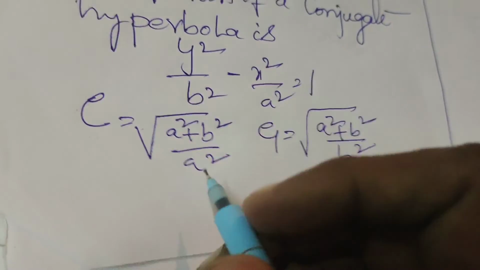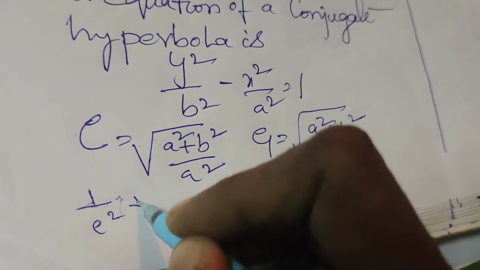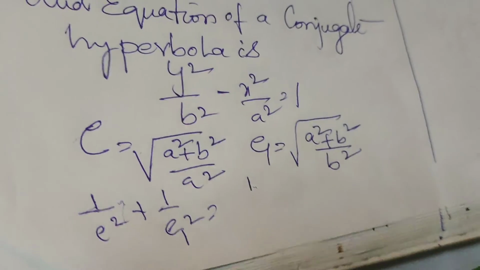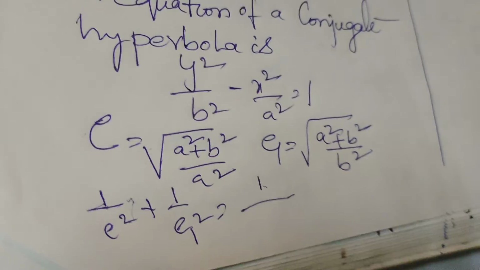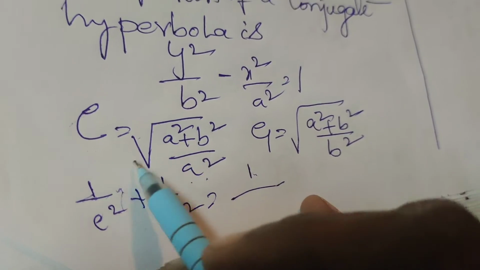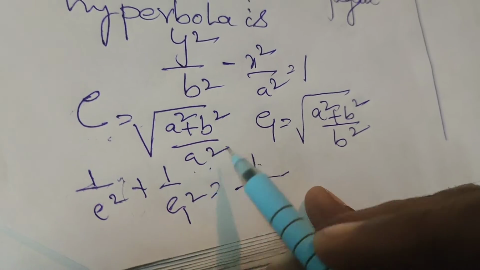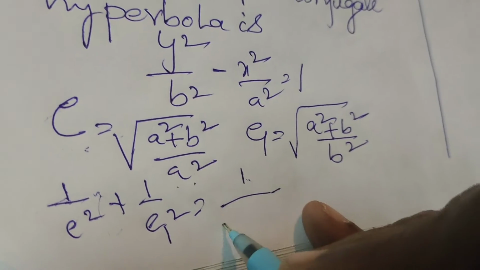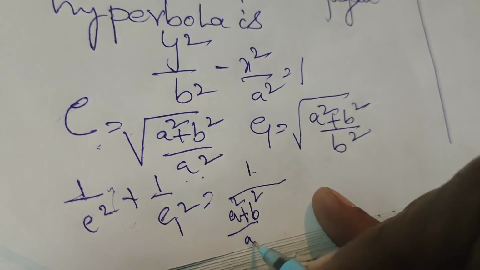Now we are going to substitute in 1 by e square plus 1 by e1 square. 1 by e square means, with e equal to root of a square plus b square by a square, the whole square makes the square root cancel, so we get a square plus b square by a square.